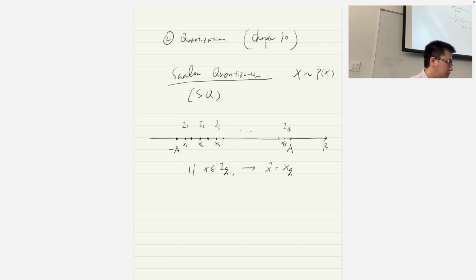Now we need to convert this to information theoretic language. We can imagine this procedure as a coding problem. The first thing is that we need a code book, x hat equals x1 up to xQ.